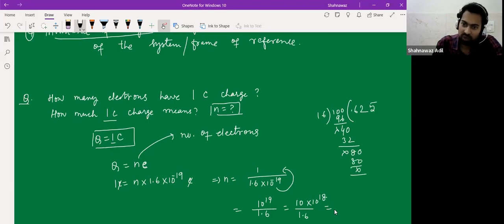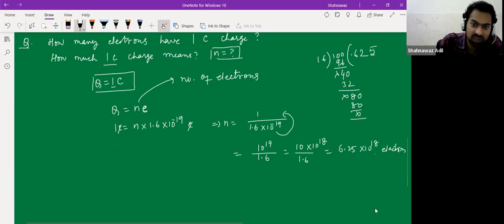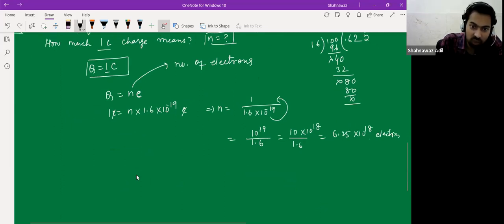So 6.25 into 10 to the power 18 electrons, right? So this 1 coulomb charge contains 6.25 into 10 to the power 18 electrons.